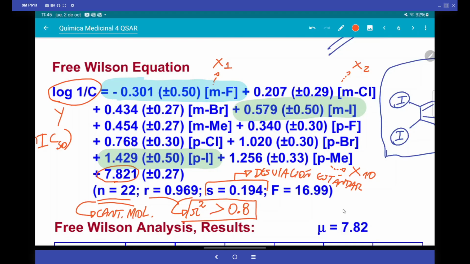The standard deviation, therefore, when are we going to have a residual? We had said that a residual is greater than or equal to 3 times the standard deviation. Then a residual in this case greater than 3 times the standard deviation, that would be 3 times 0.194, we are going to calculate how much that is.